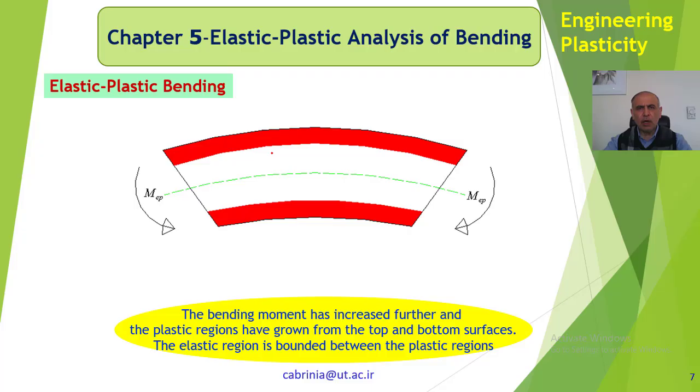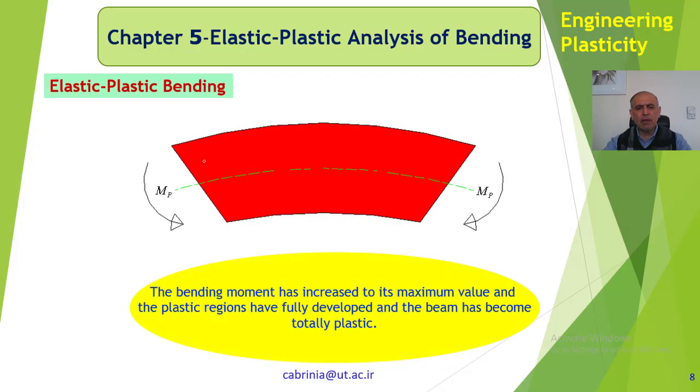So if we unload it now, we have plastic region here and plastic region here, and some elastic region in between, which is bounded by these two. So this MEP that we have put here, because this moment causes the bending and causes some plastic deformation and some elastic deformation. So that's why we say elastic plastic, MEP, elastic plastic bending.